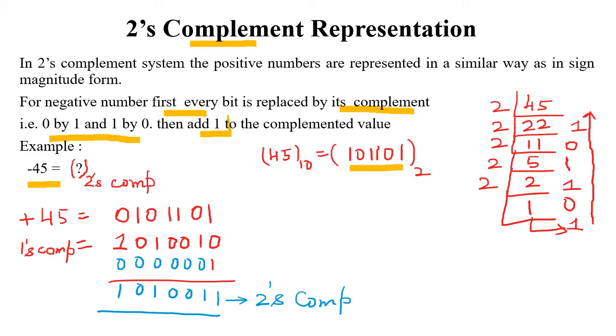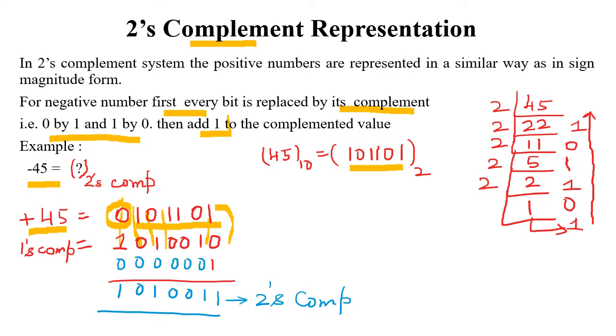Now, plus 45 is the magnitude of 45, that is 101101, and a sign bit 0. Take its ones complement by replacing 1 by 0 and 0 by 1. Each bit is replaced by its complement value, 1 by 0, again 1 by 0, 0 by 1, 1 by 0 and 0 by 1.